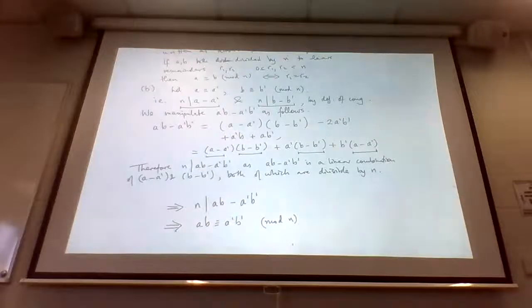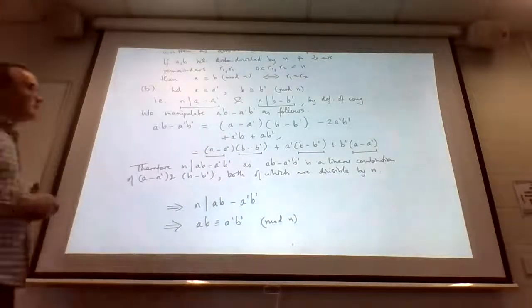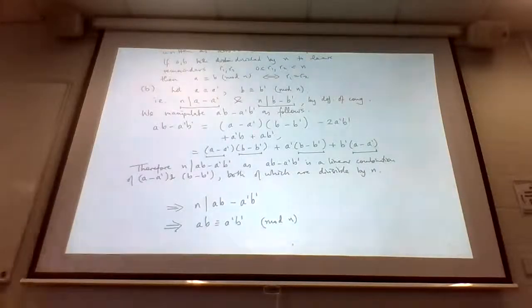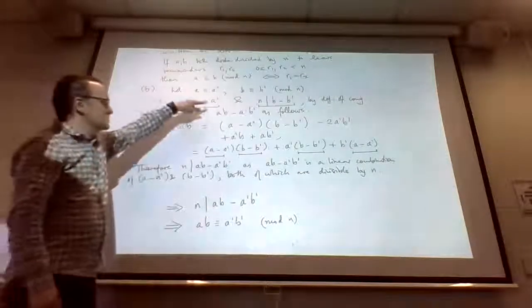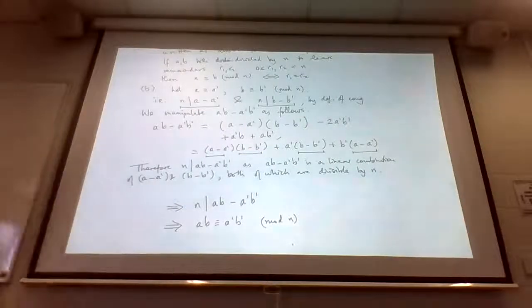Okay, so I've carefully stated that property that I'm using, divisibility of the linear combinations. And these are known to be divisible by n up there.